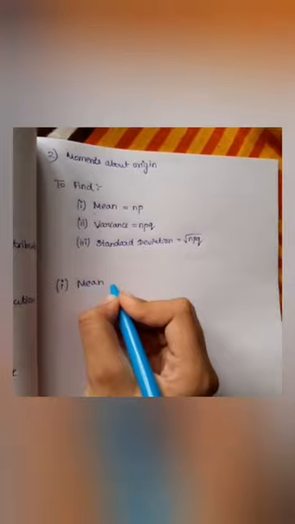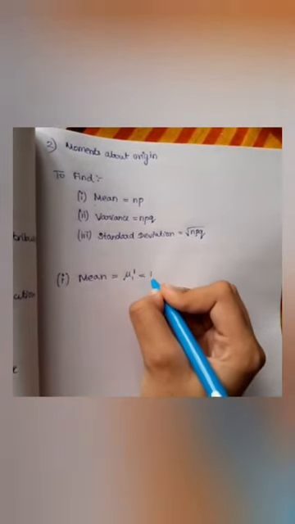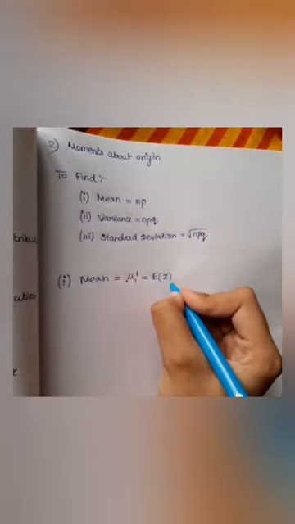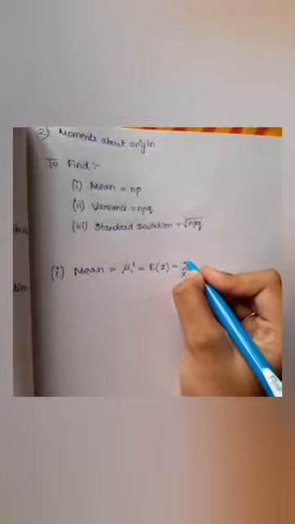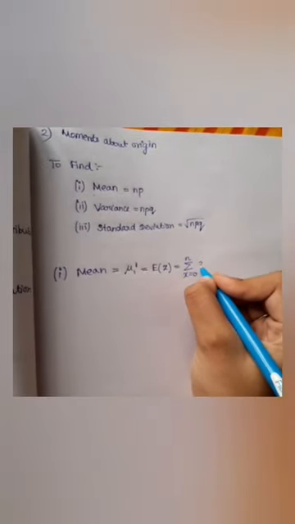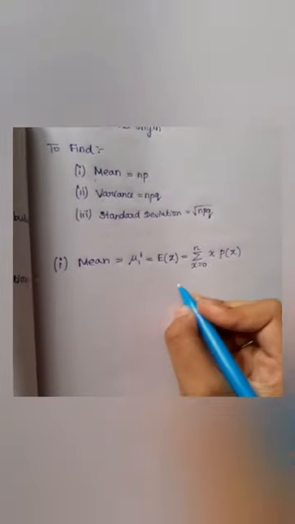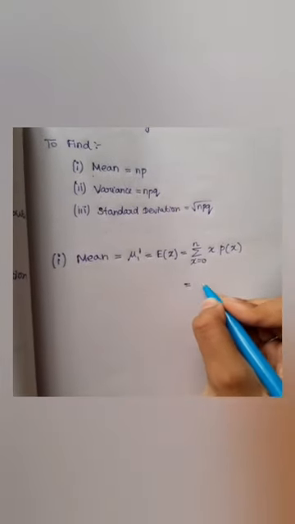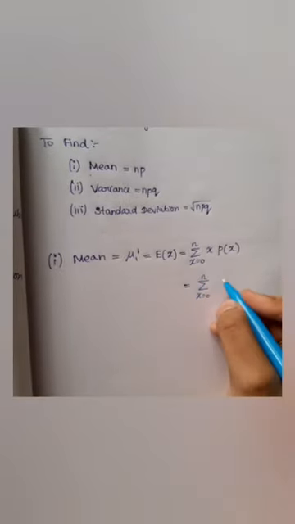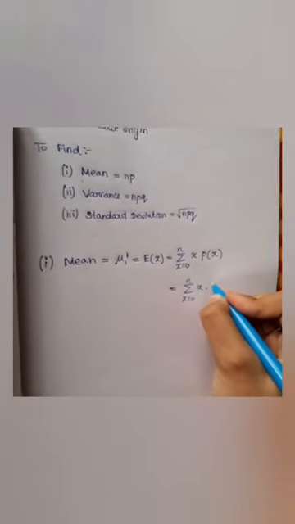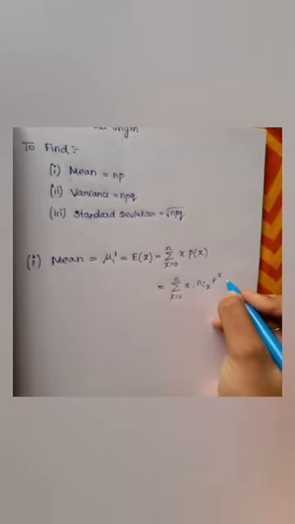Mean is mu1, which is equal to E of x, equal to summation x equal to 0 to n of x into P(X = x). We apply the formula for P(X = x): summation x equal to 0 to n of x into nCx p^x q^(n-x).